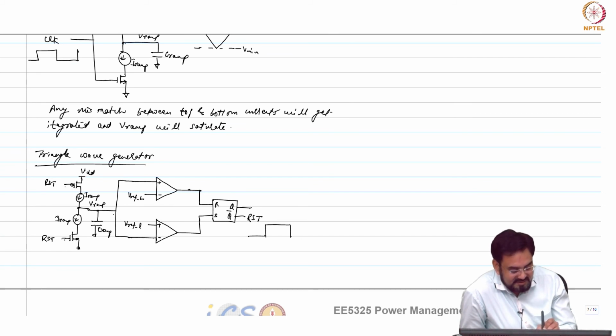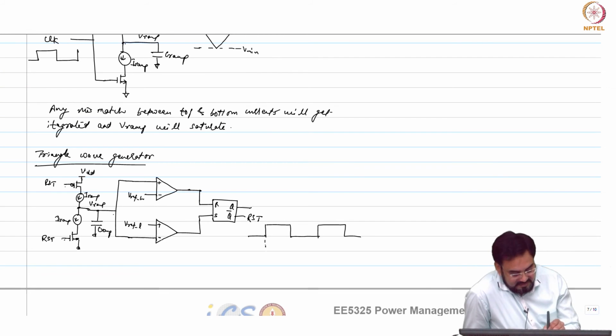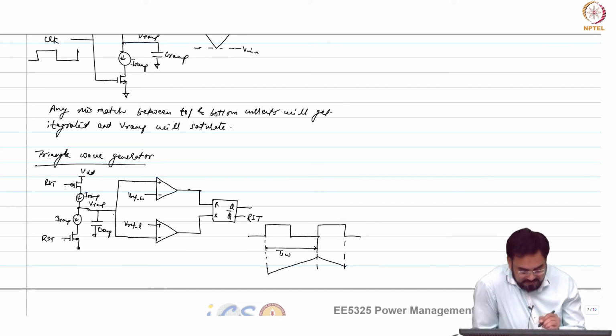And what will be the output at reset? Not impulse, in this case it will be a square wave. This will be your TSW and your VRAM will be like this. Oh, sorry.